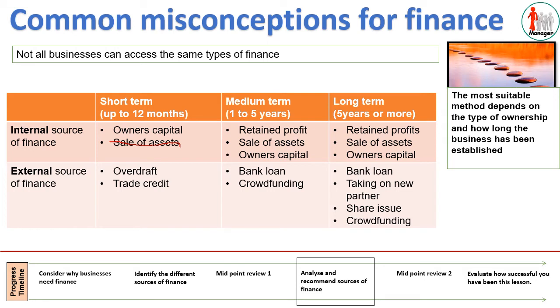That also means I might not have any more money that I could put into the business in the short term. Equally, if I'm newly established, I won't have any retained profit in the second year either, because I might not have made any profit in the first year.